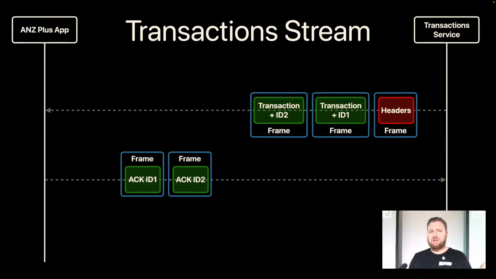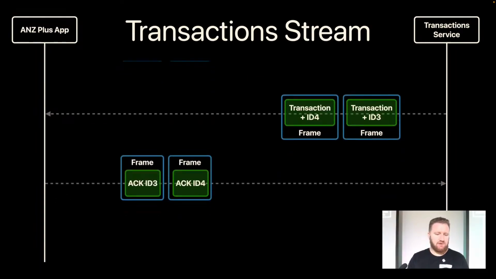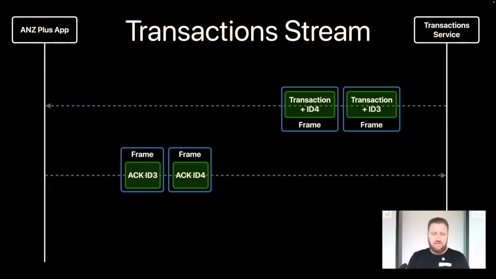And each of those transactions will have a unique identifier that we can then use to acknowledge that we've received them. So because it's a bidirectional gRPC stream, we can send data in both directions. So we'll get a transaction, we acknowledge we've received that transaction, we've saved it to our cache. Everyone's happy, mostly happy. And this obviously goes on as long as it needs to go on.